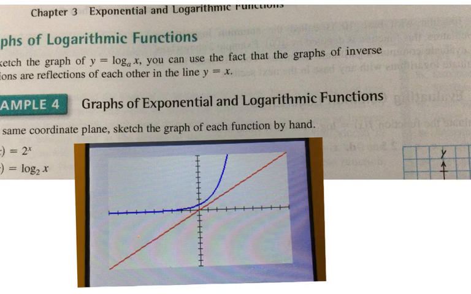You can do that for other points as well. We know 2, 4 should be on there, which means 4, 2 should be on my graph. So you just flip the coordinates. That's what inverse is. It's changing the x and the y.